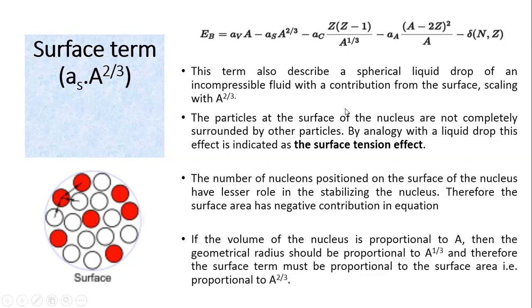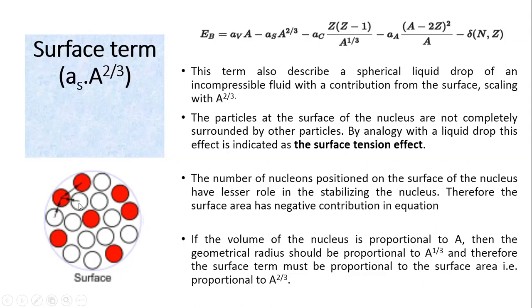So both terms, the volume term and the surface term, contribute to the spherical shape of the nucleus, or the liquid drop of incompressible liquid. So why do we call it the incompressible liquid?